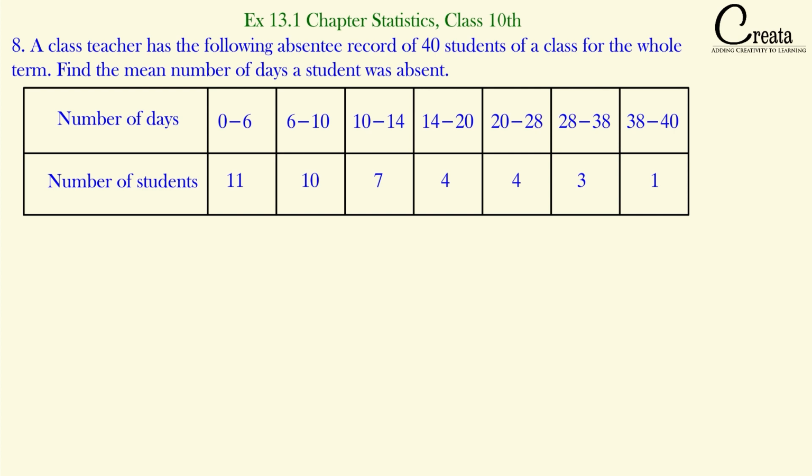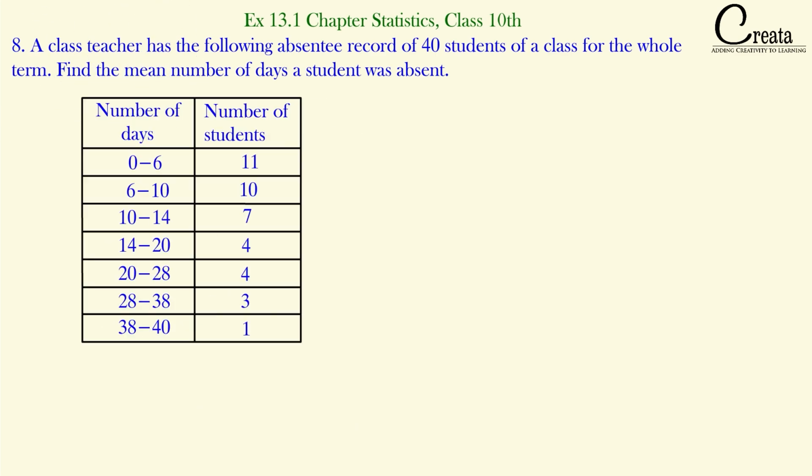But before that, let's convert all the rows to columns. This is important so that we can visualize the question and compare it with all the previous questions. Here these are the classes and this is the number of students, which is the frequency. If you observe, all the ranges are not symmetrical. That is, the difference between the upper and lower range is not the same for all the rows.